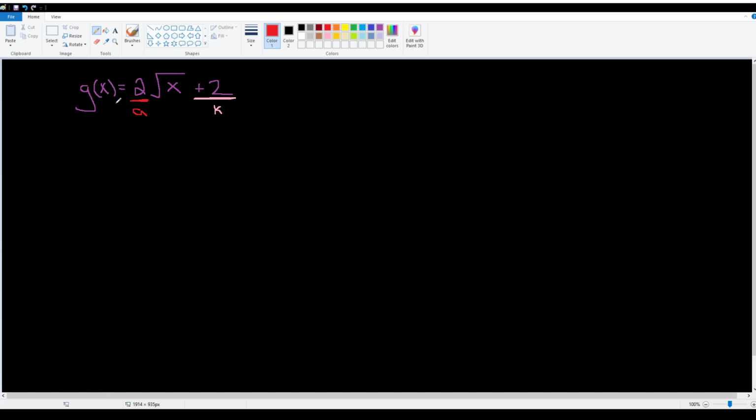Because my a is 2, and my a is greater than 1, that means we are stretching my graph here. So the first thing I'm going to say in terms of connecting this to my parent function is that my graph gets stretched.